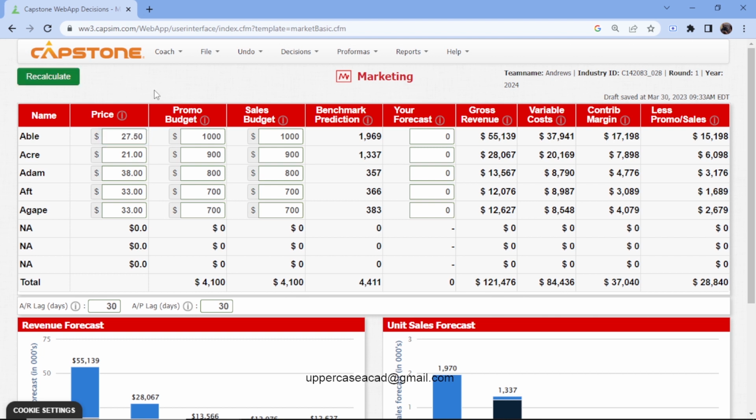Then for Eka, I'll give it 20. For Adam, I'll give it 37. Then for the other performance and size products, I'll give both of them 32. Then I'll recalculate.